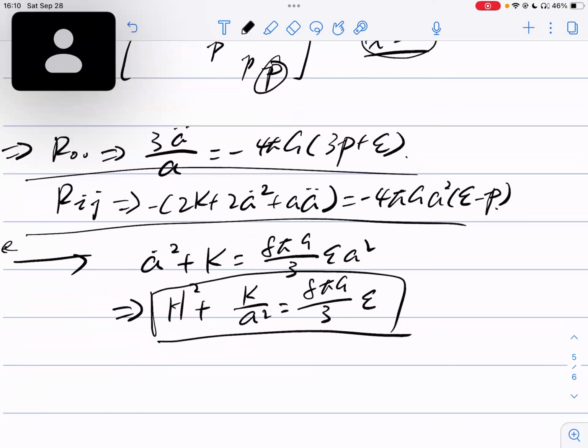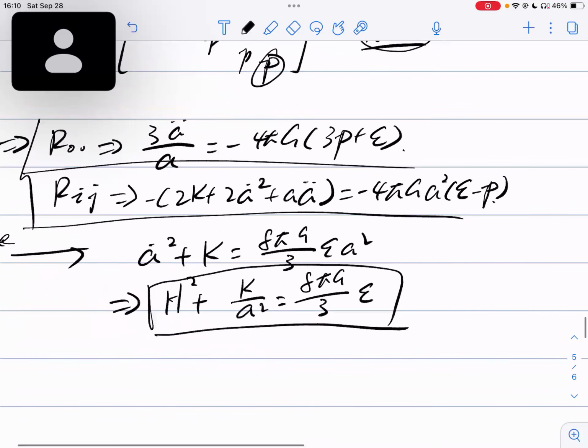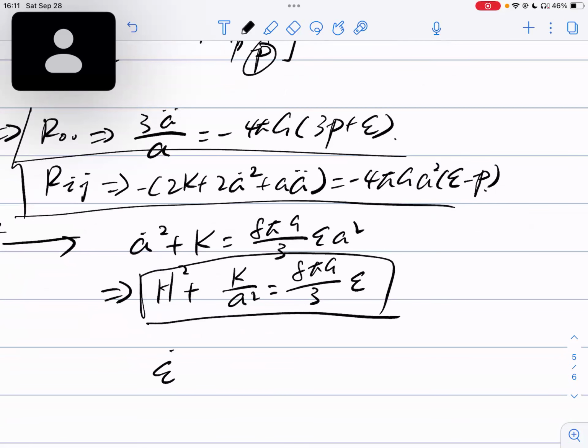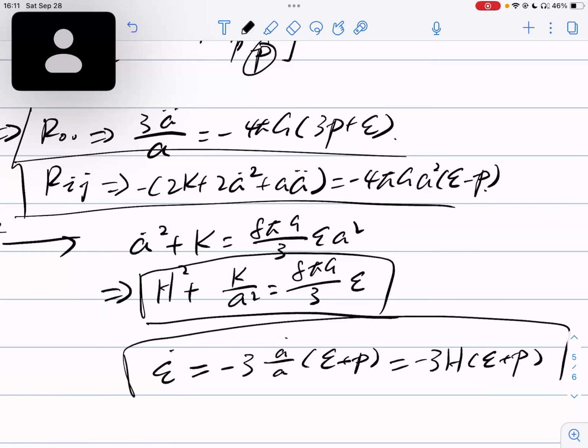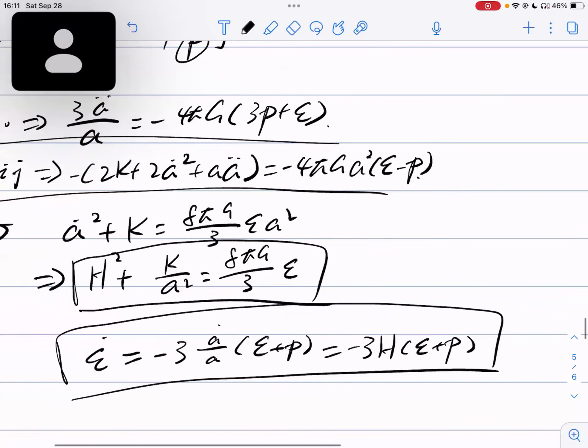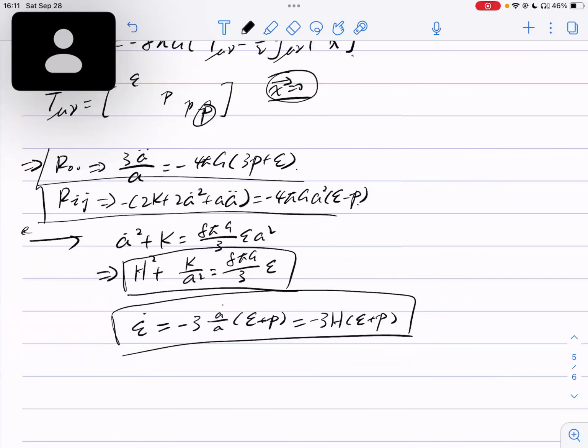This is one of the Friedmann equations. The other one you can easily obtain from the above two equations: the time derivative of epsilon equals minus 3 a dot over a times (epsilon plus p), or minus 3H times (epsilon plus p). These are the two famous Friedmann equations, derived using the general relativity method.